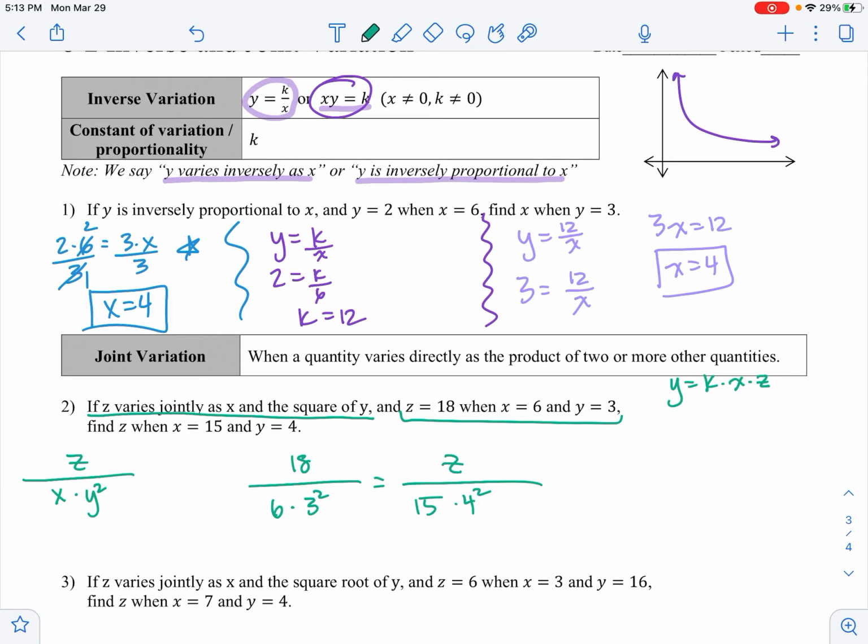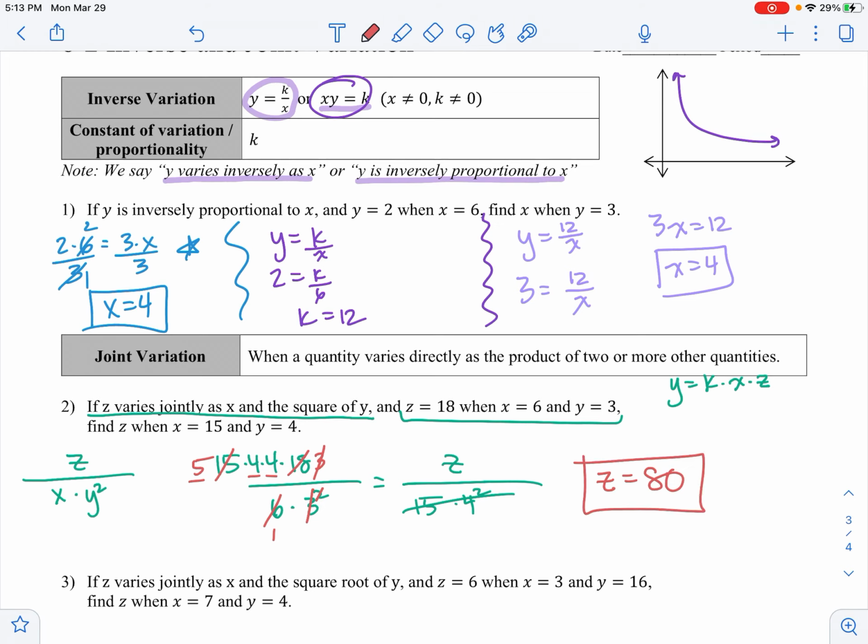I'm actually only going to do half, so I'm going to cross multiply my 15 and my 4 and 4 up over here, and let's see what cancels. 3 goes into 3 once, into 15 5 times. Let's just do 6 goes into 6 once, and into 18 3 times. Oh, and then look, my 3 and 3 cancel. So I have 5 times 4 times 4. So what is z equal to? It's equal to 20 times 4, which is going to be 80.